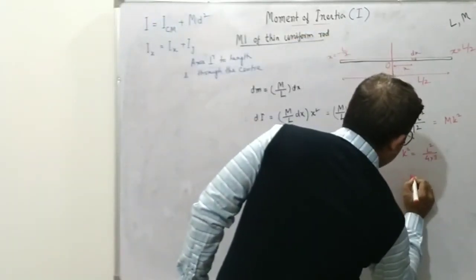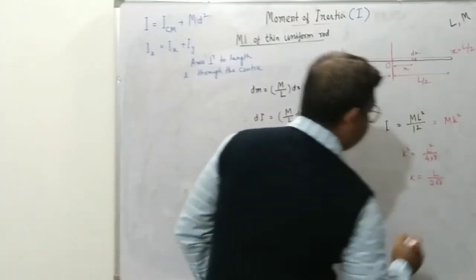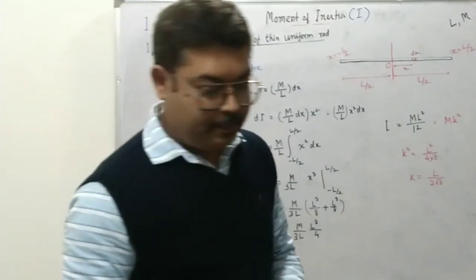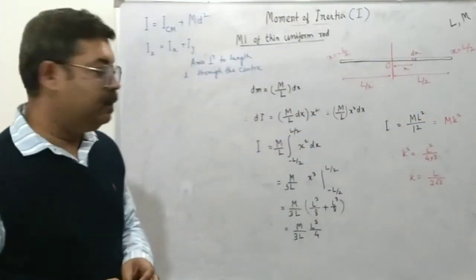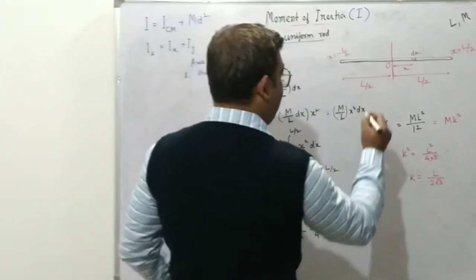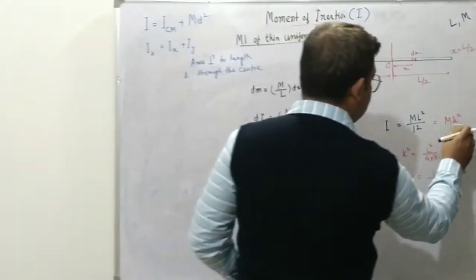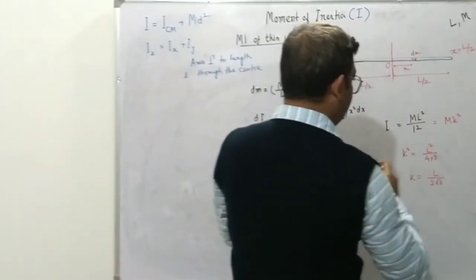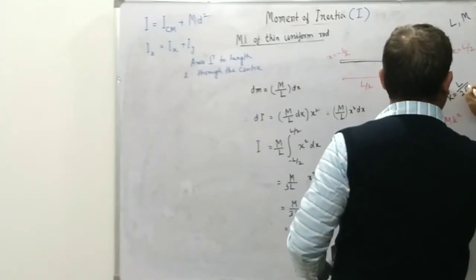Therefore, k will be equal to L by 2 root 3. Clear? So I is M L squared by 12 and k will be L by 2 root 3.